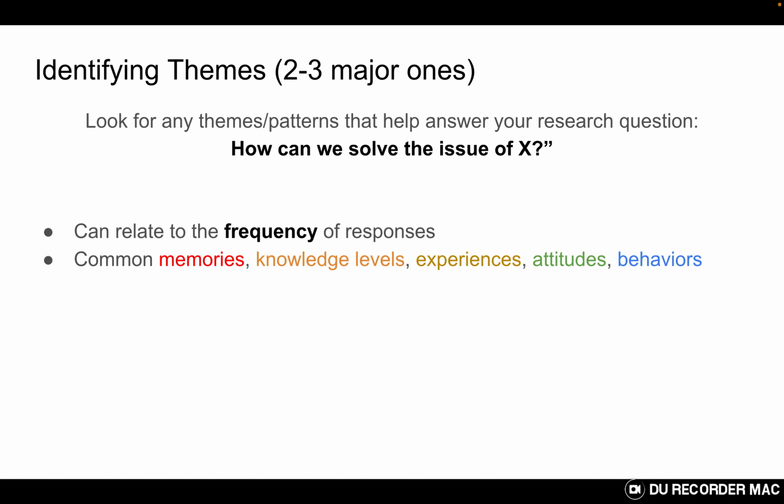So you might find themes also that relate to common memories, knowledge levels, experiences, attitudes, or behaviors that many of your participants are all sharing. If everybody's kind of saying the same thing, that's a good indicator that that's a pretty important theme to identify.